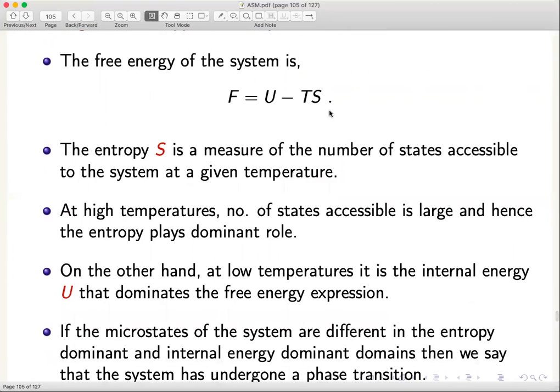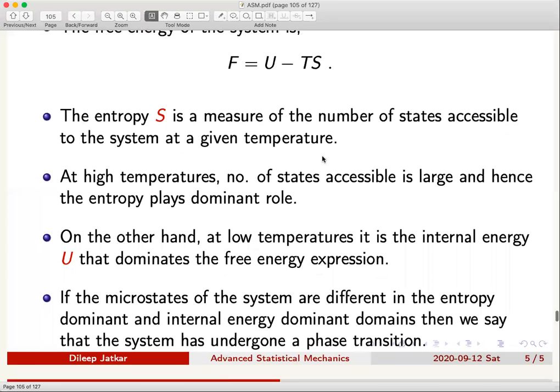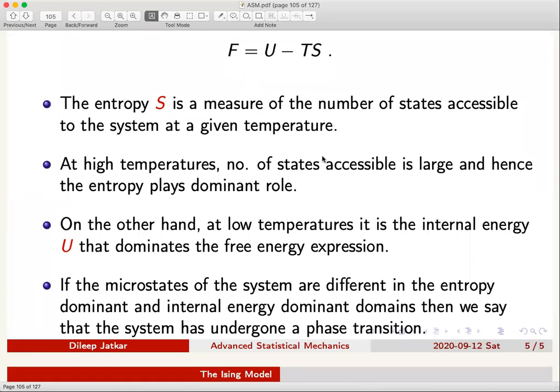Clearly, at high temperatures the number of degrees of freedom accessible to the system is very large, and that is why entropy would dominate much more compared to internal energy. On the other hand, at low energies much fewer states are accessible, and therefore the internal energy would dominate the free energy expression.